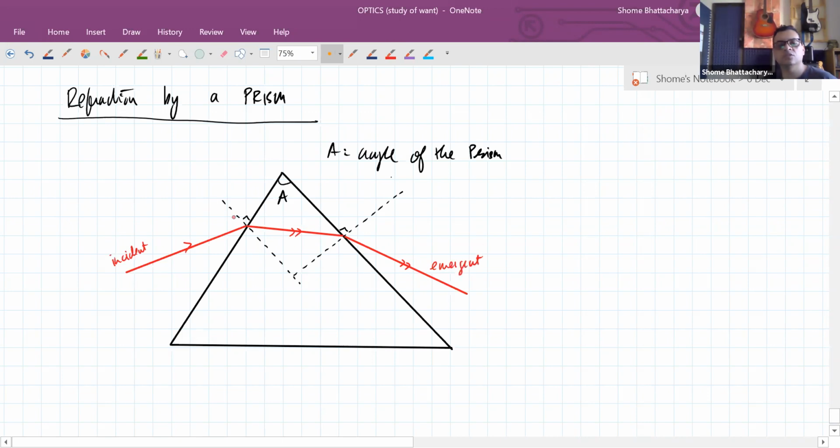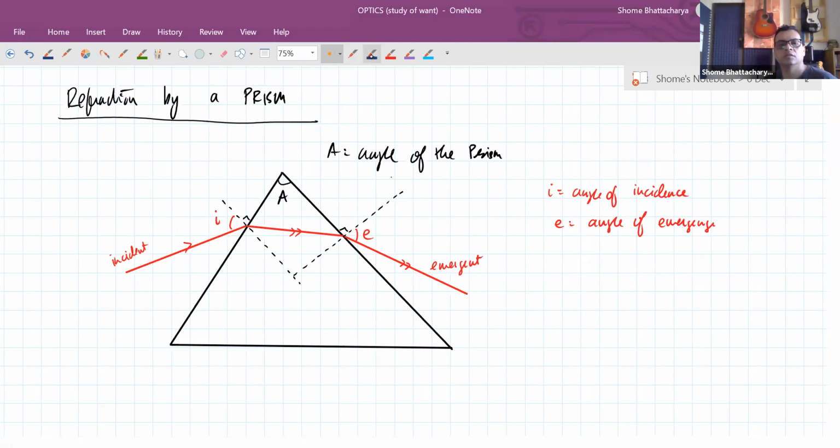Therefore, this is called the angle of incidence, and this is called the angle of emergence. These two angles inside here are given the special names R1 and R2. Though actually one is acting like an angle of refraction, the other is acting like an angle of incidence, still they are called R1 and R2.